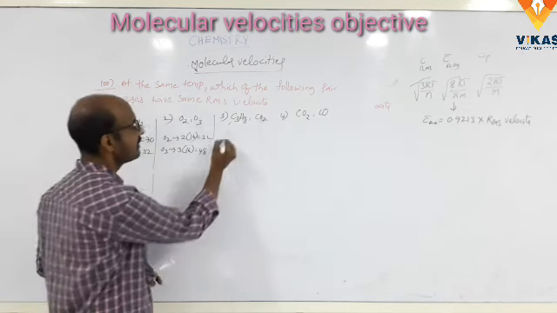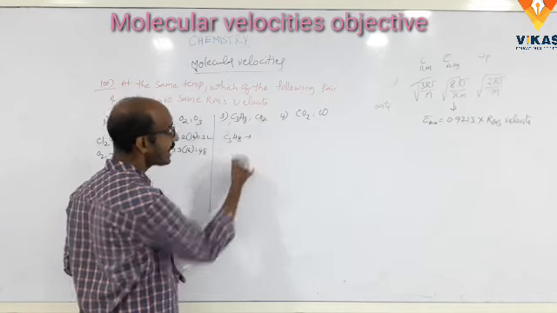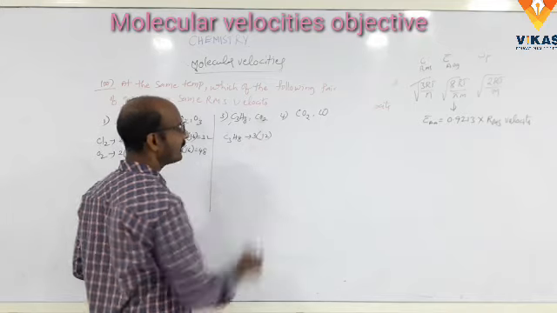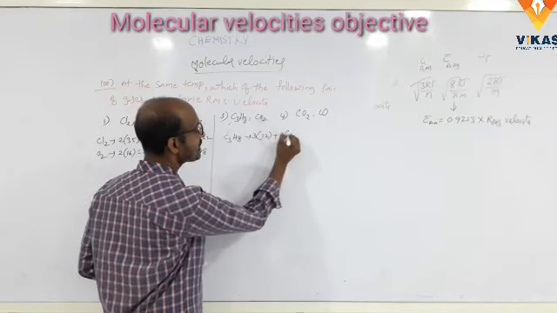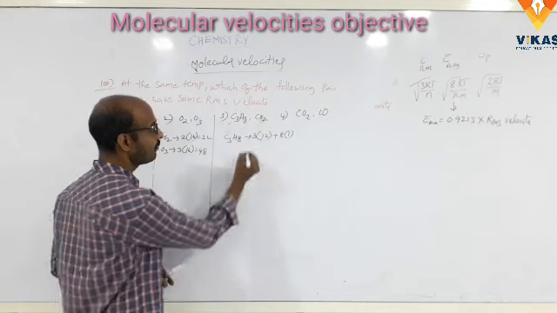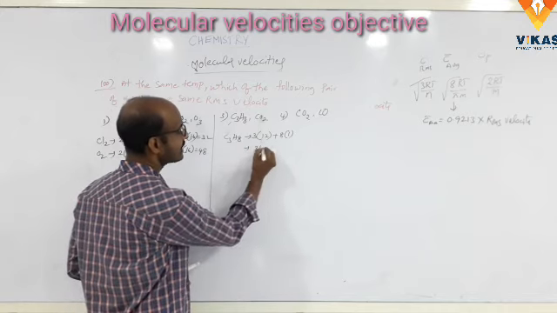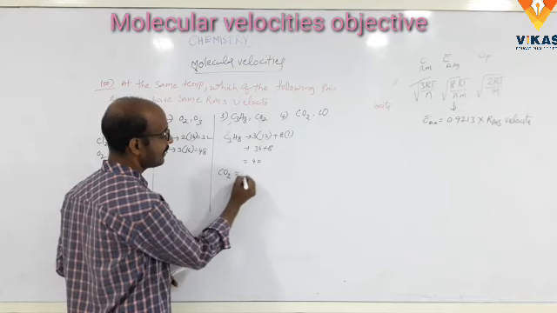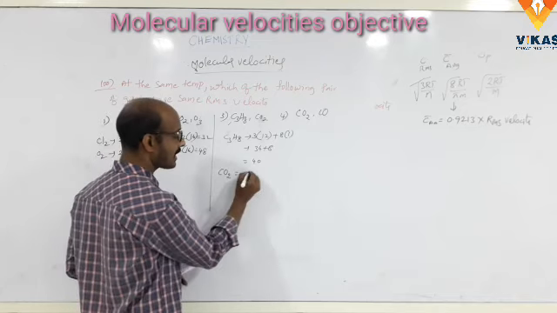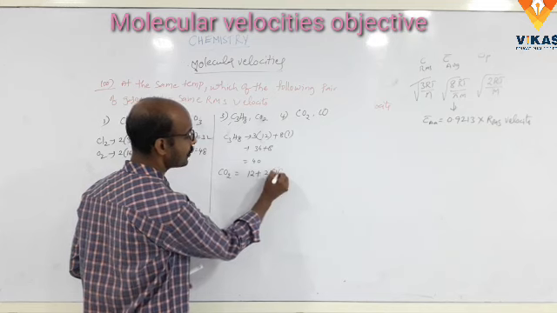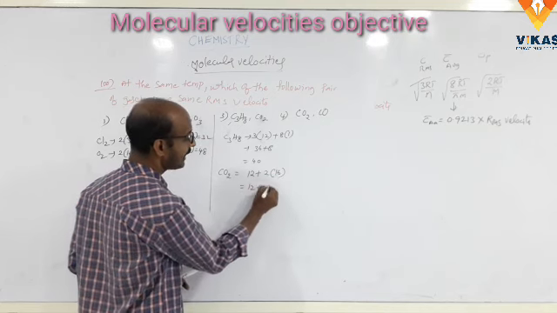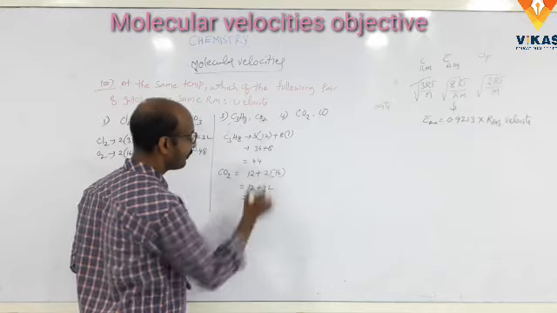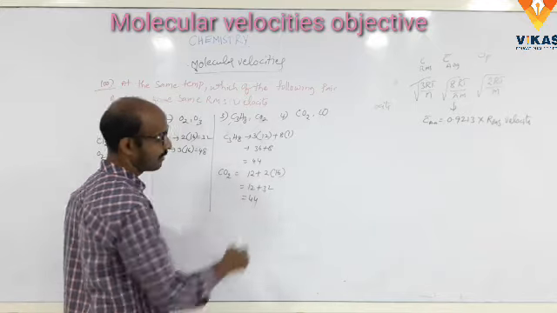Okay, and next one, C3H8. Here 3 carbons are there, each carbon atomic number 6, atomic weight 12, 3 into 12, plus 8 hydrogens, each hydrogen having 1, so 36 plus 8, that is equal to 40... 44. And next one, carbon dioxide, each carbon atomic weight 12, and 2 oxygens, 2 into 16, 12 plus 32, that is 44.